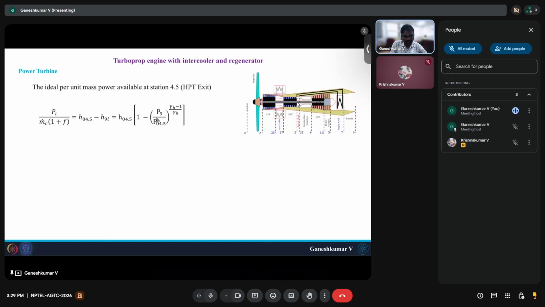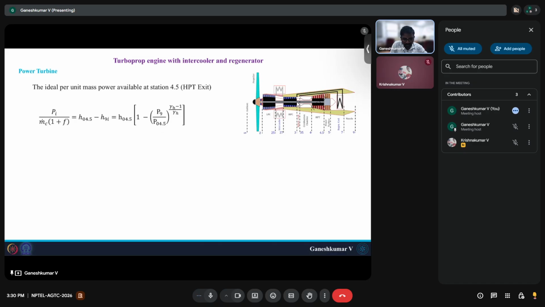So it's going to be 1 minus, since this is also CPH, you can take CPH common, times T04.5, which is basically H04.5, equal to 1 minus T9 by T04.5, where T9 by T04.5 can, based on isentropic relations, be replaced as P9 by P04.5 to the power of (gamma H minus 1) by gamma H.